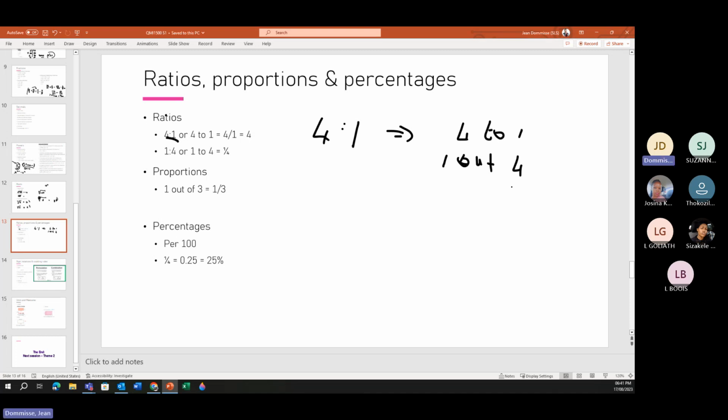For me, the important thing with the ratios and proportions and percentages is just to get those words right.